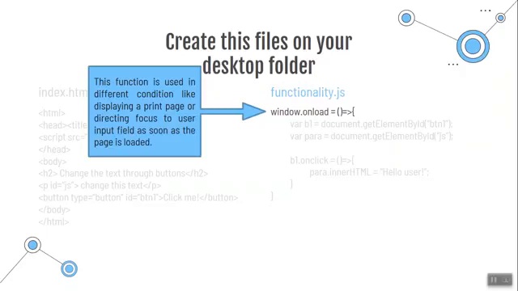Okay, so the name of the function is window onload. So what is this window? Once we open a browser, that is already the window, and the onload is the function. This function, the onload, directs the focus of the user to the input field as soon as the page is loaded. Meaning, it loads all the codes in our JavaScript.